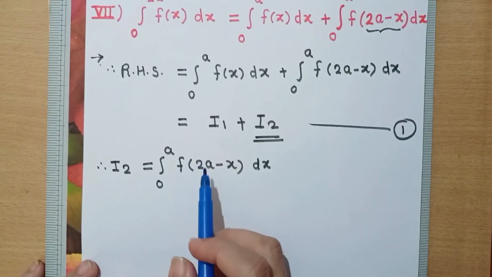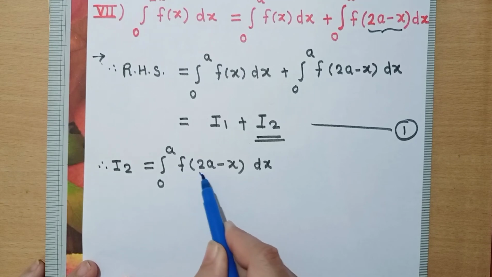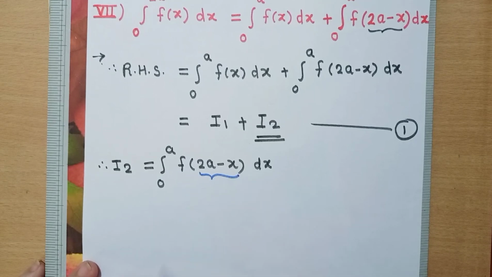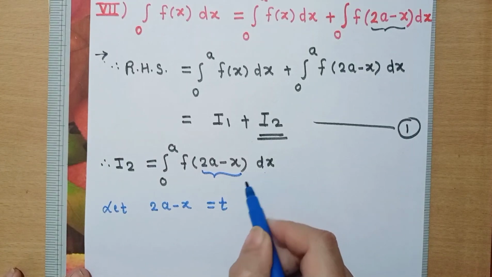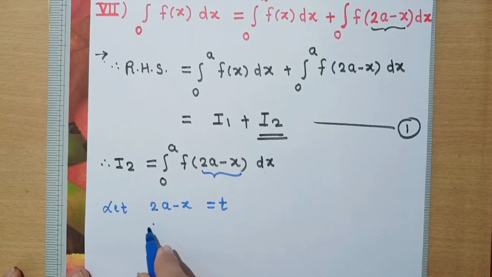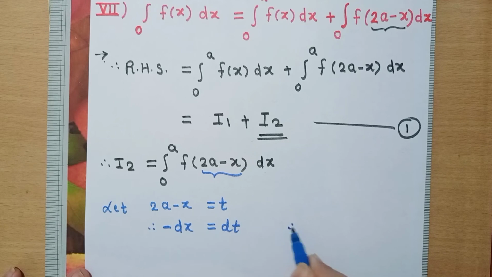We will prove this same as previous one, and we will assume twice a minus x equal to t, and so we have to replace this dx also, and therefore differentiating, minus dx equal to dt, and again moving this minus sign that side, dx equals minus dt.